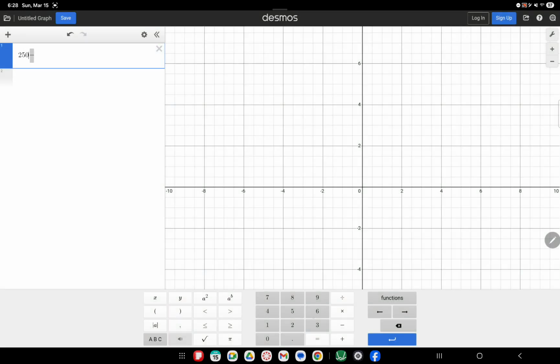All right, so we have 250 out front, and then 1 plus 0.0375 over 12, raised to the 12 times 8. We can just throw that in parentheses. 12 times 8. And then minus 1 over 0.0375 over 12.